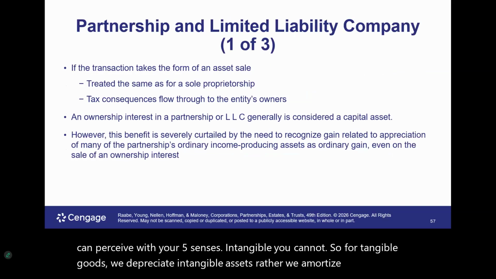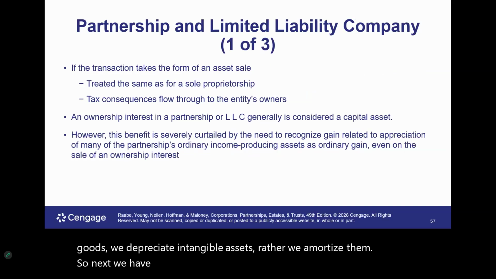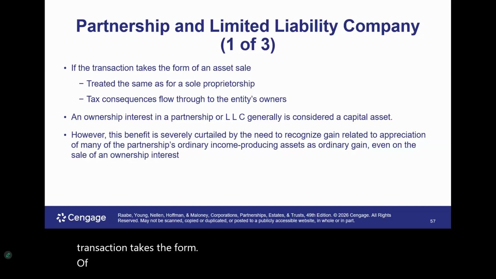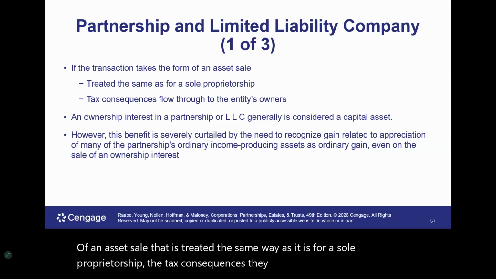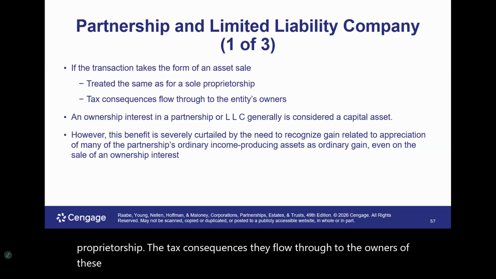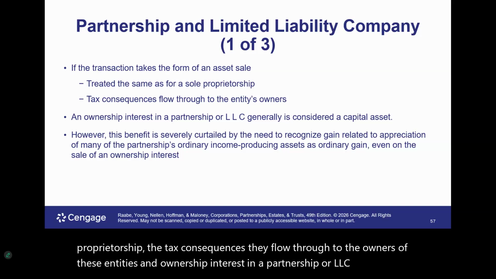Next we have partnerships and limited liability companies. If the transaction takes the form of an asset sale, then it's treated the same way as it is for a sole proprietorship. The tax consequences flow through to the owners of these entities. An ownership interest in a partnership or LLC is generally considered a capital asset.